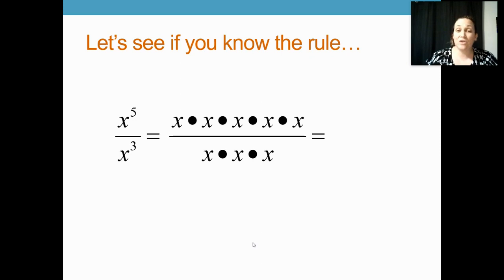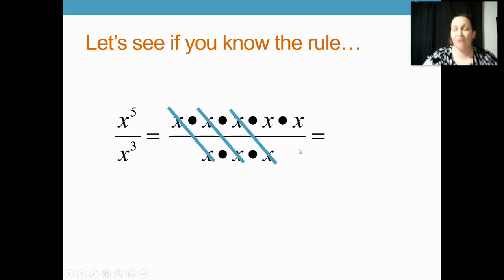Now, since these are on different sides of a fraction bar, we can cancel some out. So fraction, division, we're going to be doing canceling. We can only cancel out one for one on the top with one on the bottom. So I can cancel out 1 x from the top with 1 x from the bottom, 1 x from the top with 1 x from the bottom, 1 x from the top with 1 x from the bottom.